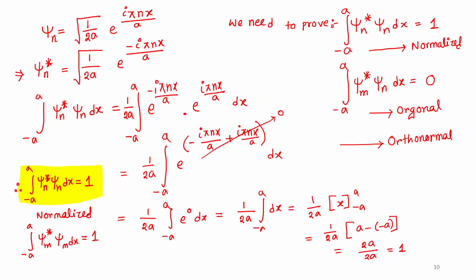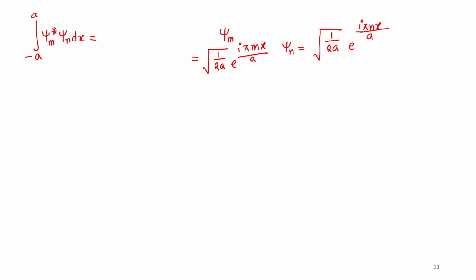Am I correct? What about then psi m star? That is going to be root over 1 by 2a, exponential minus i pi m x by a, right?